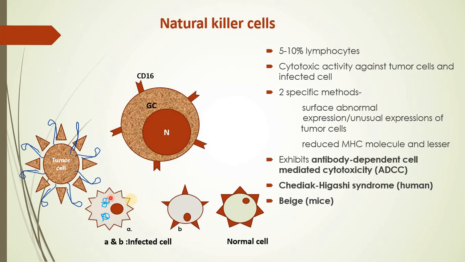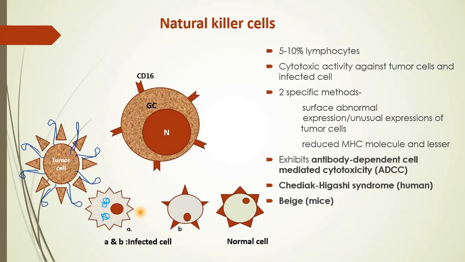There is a second possibility wherein it is not necessary that a large number of receptor molecules will be developed, but the number of receptor molecules will get reduced as compared to the normal case.